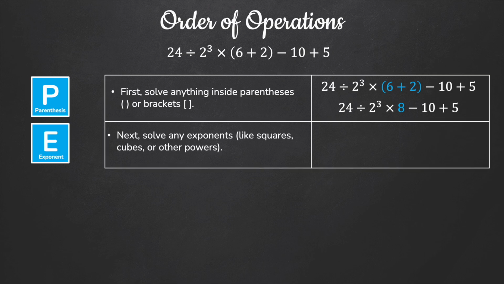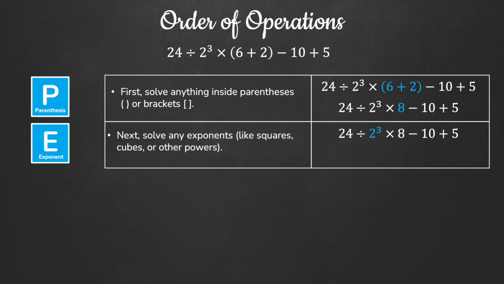Next, in our acronym, we have E for exponent. And next, we're going to solve any exponents like squares, cubes, or other powers. And in this case, we have 2 cubed. And 2 cubed is equal to 2 times 2 times 2. And we know that 2 times 2 is 4, times another 2 is 8.